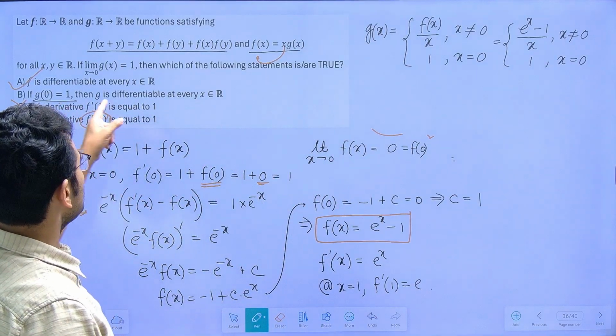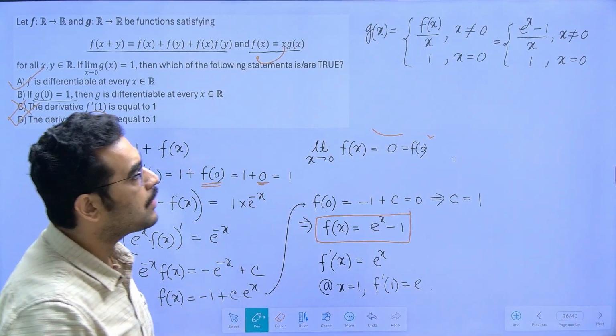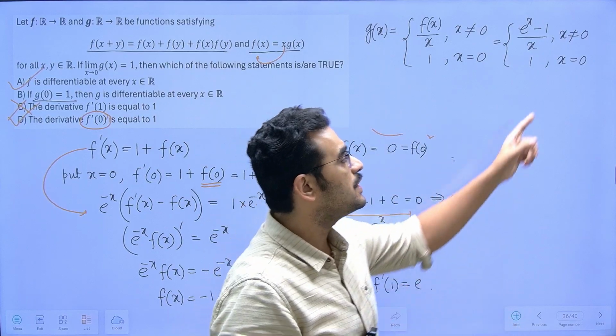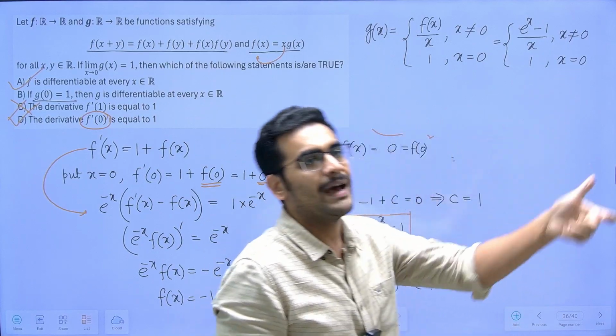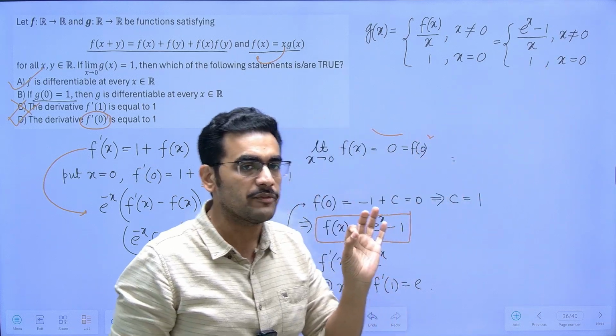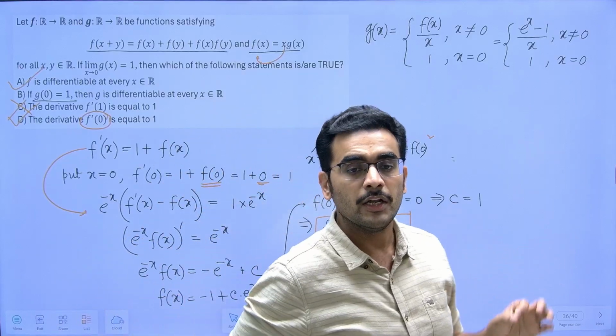Now it is saying that g is differentiable at every x belongs to R. Where can non-differentiability come for this function? Non-differentiability can come where a different value is assigned to the function, that is x equal to 0. So we need to just test for differentiability at x equal to 0, because that is the only point where it can be non-differentiable.